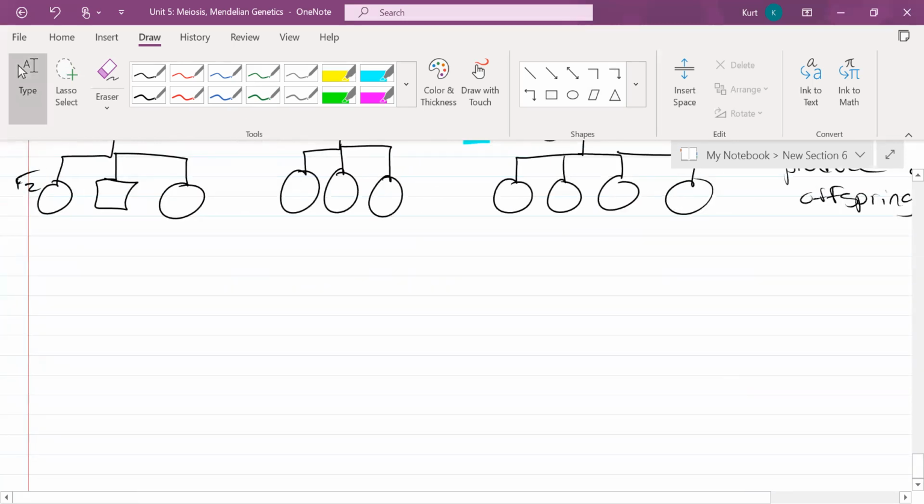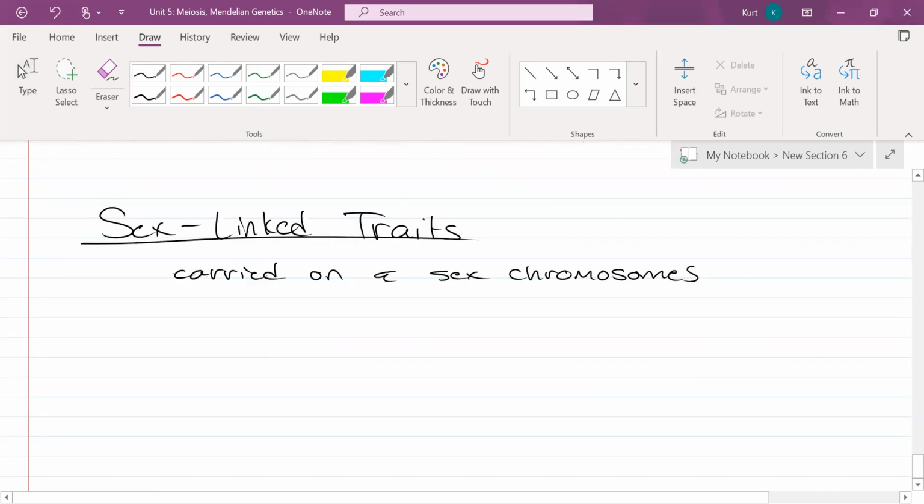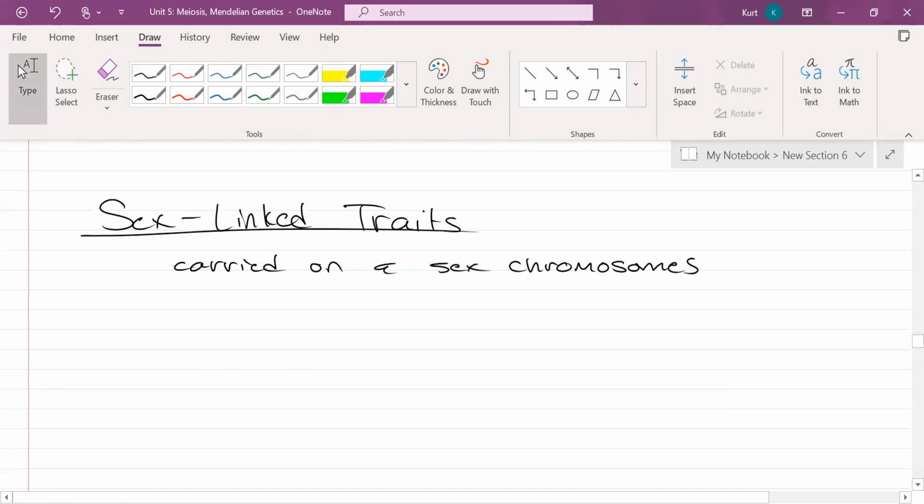Let's get to sex-linked traits, everybody. These are traits carried on what chromosome? Carried on a sex chromosome. You can have X-linked, you can have Y-linked. Talking about colorblindness. I'm a student who's colorblind. A male student. His father is not colorblind, his mother is not colorblind.